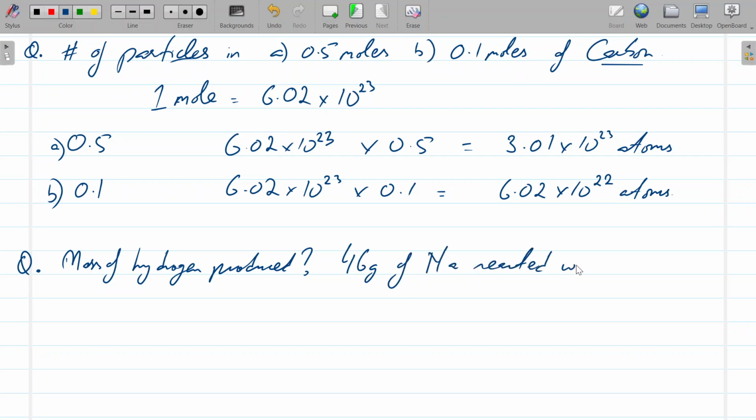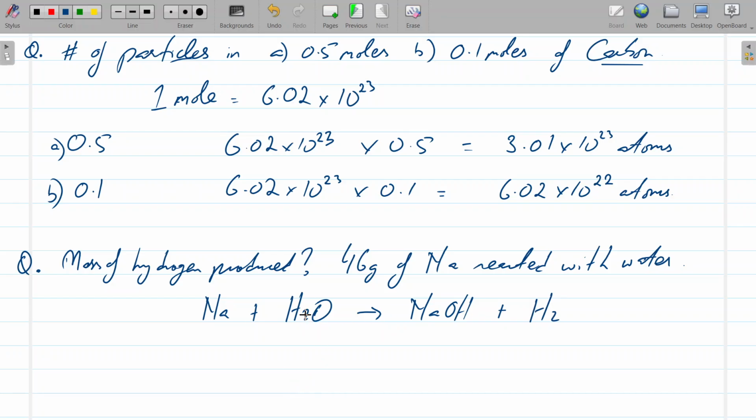So you need to make an equation, so you're doing Na plus H2O, and what you're getting is NaOH. You should know this from the chapter of metals, and hydrogen gas. And what we want is the hydrogen gas.